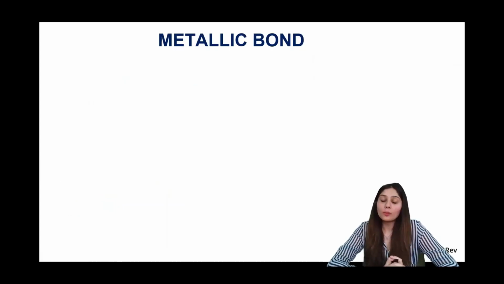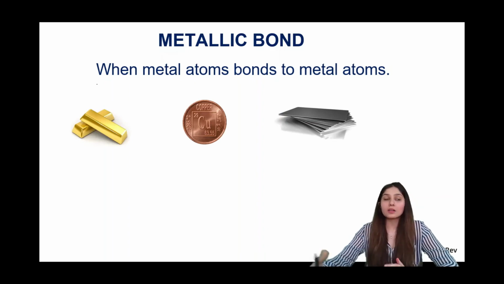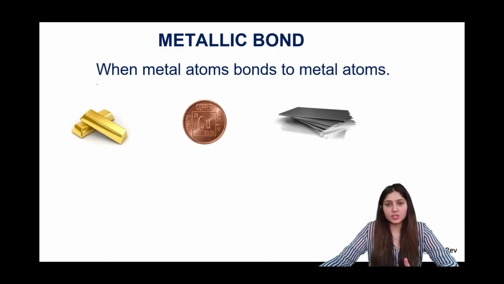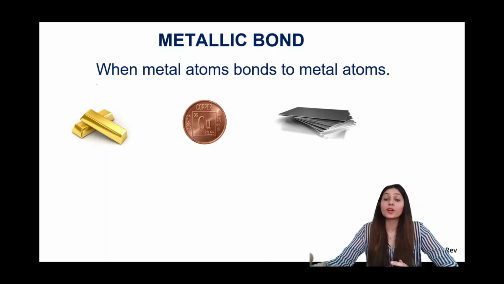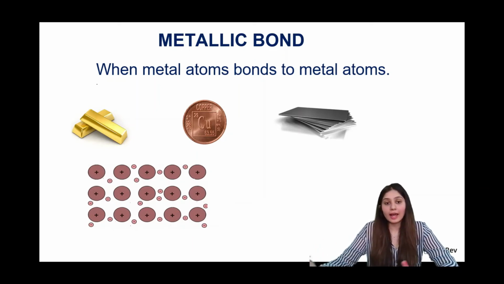Let us finally talk about what is a metallic bond, okay? So a metallic bond is a bond between different metal atoms, right? Now we already know how metals are very much electropositive in nature, which means they would definitely want to convert into electropositive form and then exist, right? Giving out their electrons is something they just love to do, right? So they exist in this form where they give out their electrons.